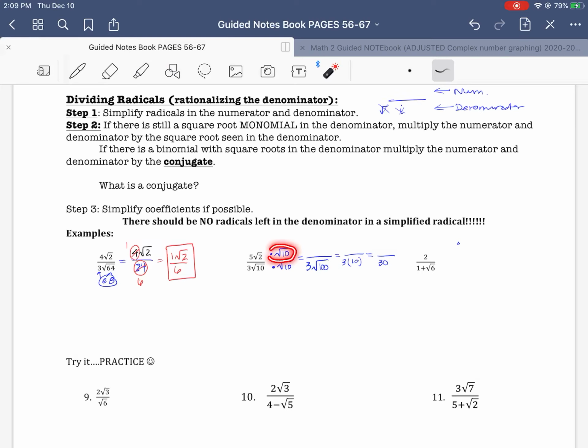Because we multiplied the bottom, you also have to multiply the top by the same thing. So on the top, we're going to have 5 root 2 times the square root of 10, so we have 5. We multiply the radicands together, 2 times 10, and end up with 20. Again, if I can simplify radicals, we always go as far as we can. So 20 would be like 5 and 4, 2 and 2, and we have a group of 2 there.